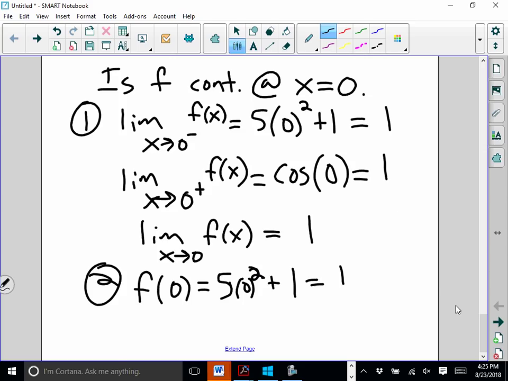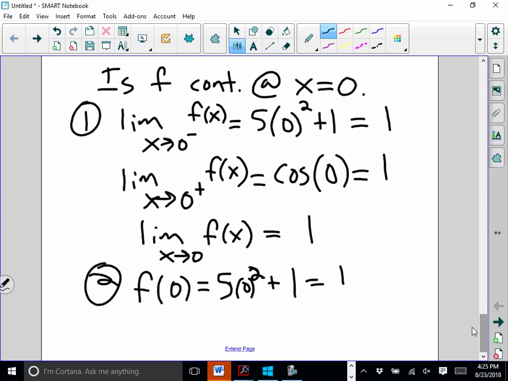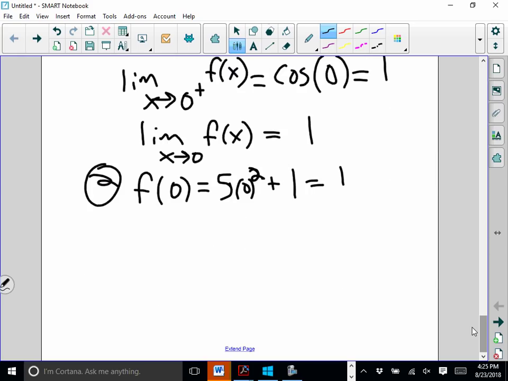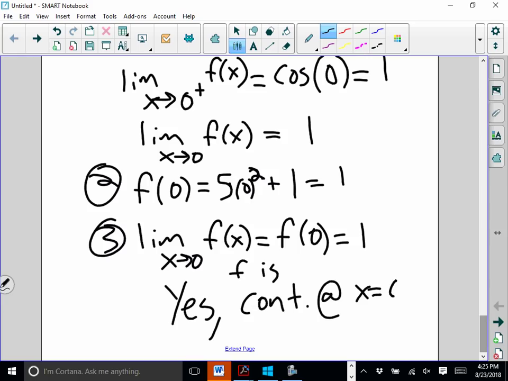So now, again, I know that yes, f is continuous at x equals 0.